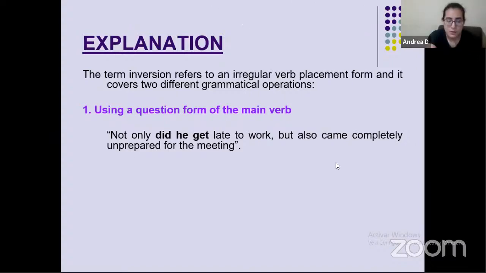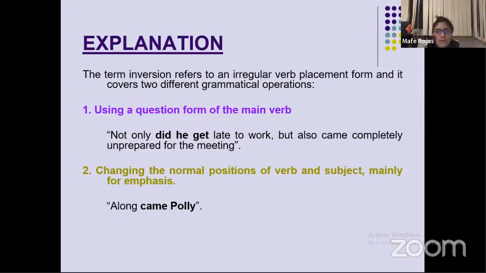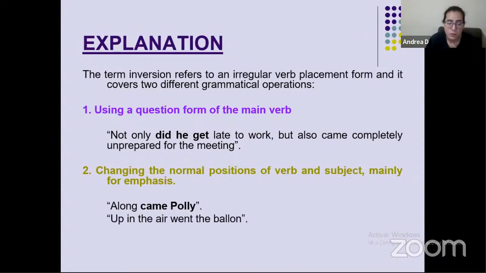The other operation, which is not that common, honestly, was used hundreds of years ago in English. It is changing the normal positions of the verb and subject mainly for emphasis. This is seen in literary works, so maybe poetry, literature. "Along came Polly," right? So Polly came along. "Up in the air went the balloon."